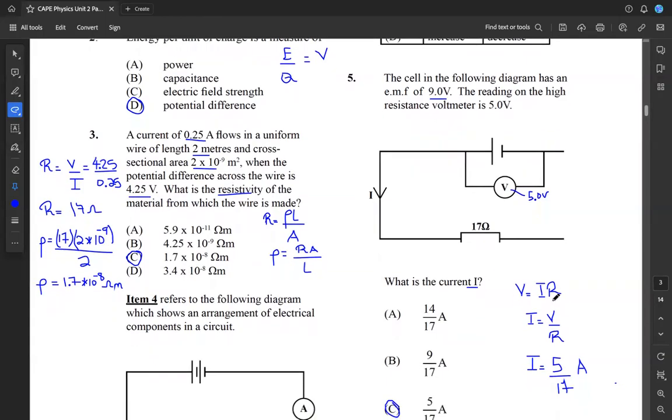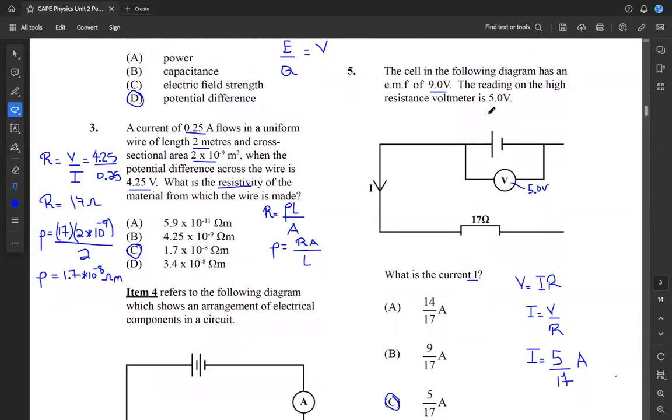To do that, we can use V is equal to IR, your regular Ohm's law, and rearrange to make current the subject. So I is equal to V over R. But the key thing here is which voltage do we use? We're going to use the 5.0 volts and not the 9 or any other value, because the reading on the voltmeter is 5, so we know that is the effective voltage going through that circuit.